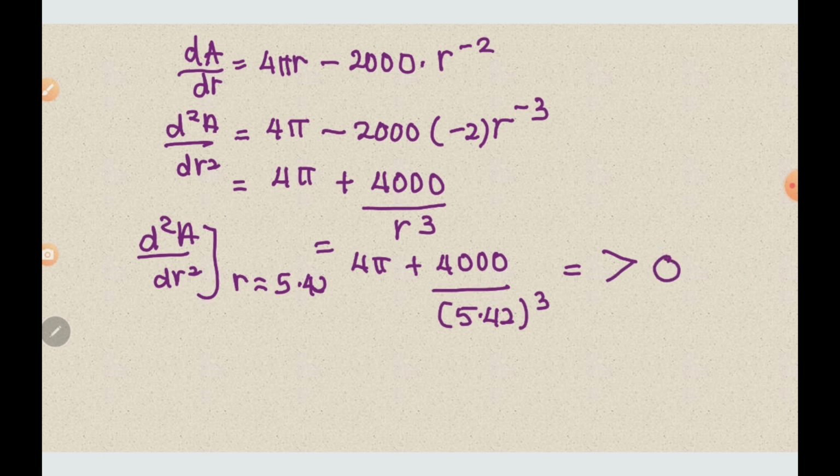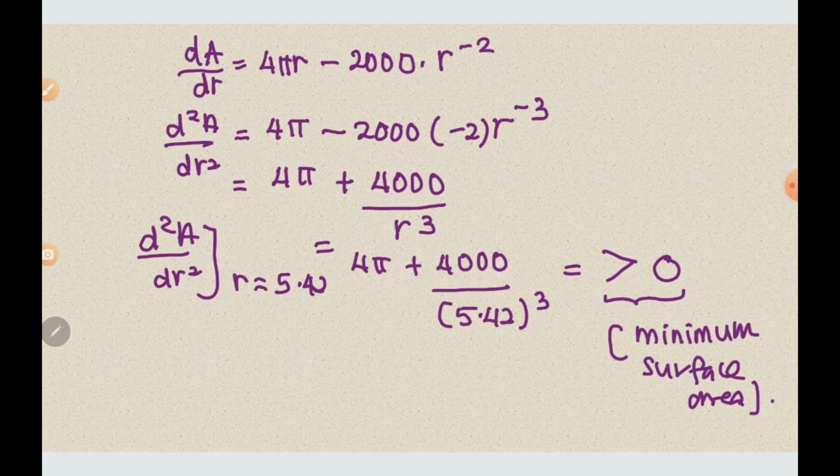There is a positive value. When you get a positive value here, it means you will have the minimum surface area.